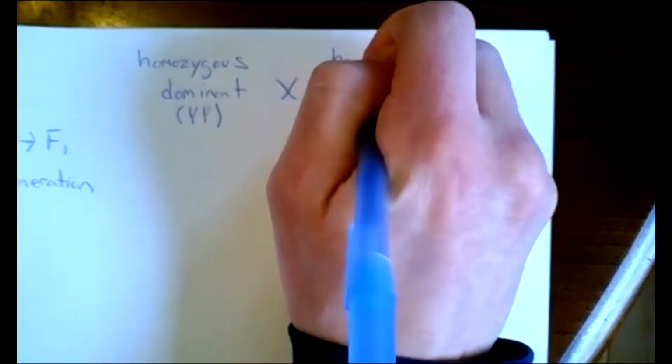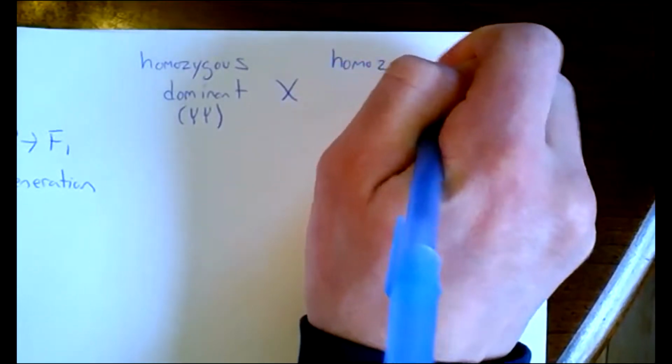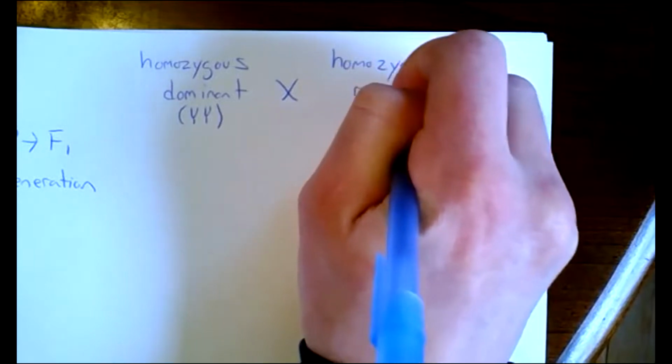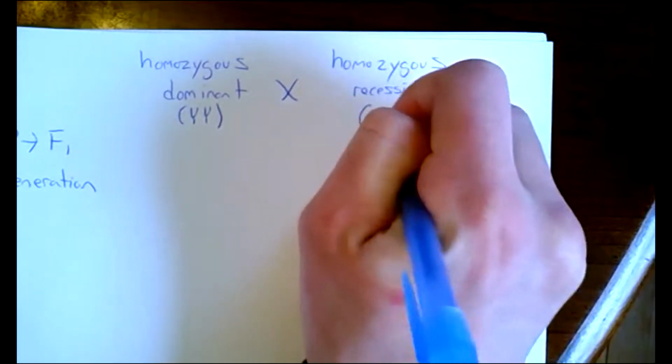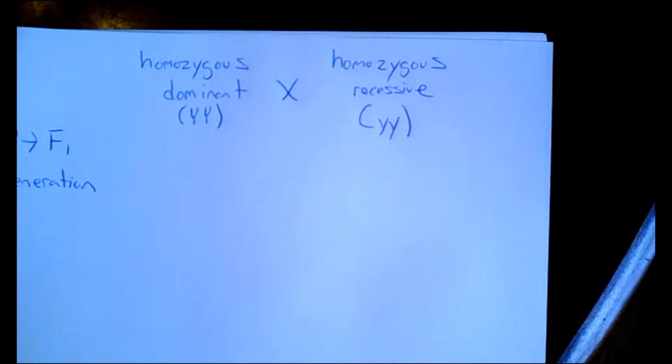Let's do a P generation to an F1 generation. That's what I'm going to end up doing. So I'm going to cross a homozygous dominant plant, or a true breeding plant for yellow seeds, with a homozygous recessive plant, little y, or true breeding for green.